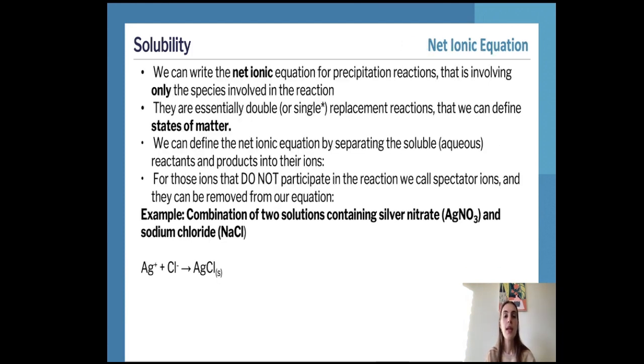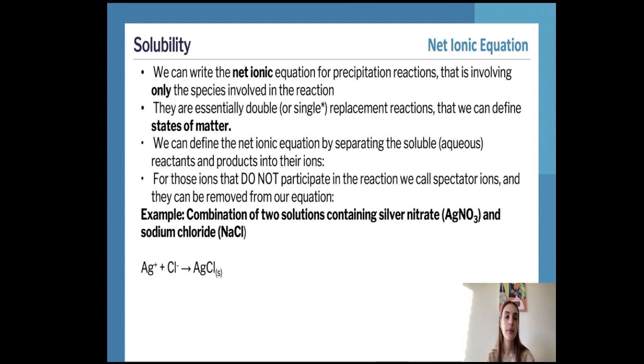Next up, we want to consider net ionic equations. We can write net ionic equations for solubility reactions, involving only the species that are involved in forming the precipitate. They're essentially double or single displacement reactions in which we're defining the states of matter and the way in which they change.